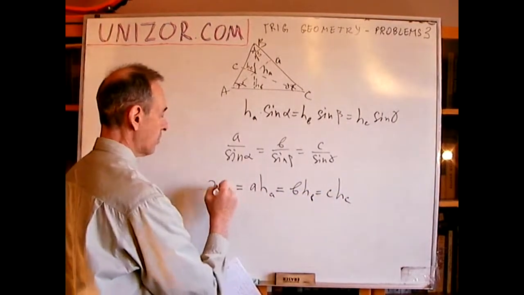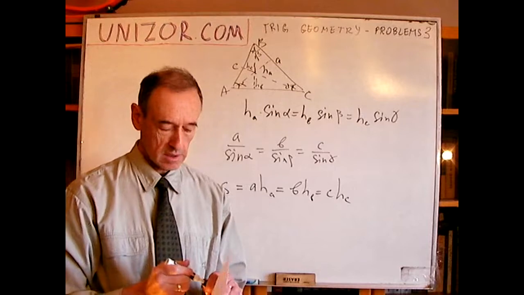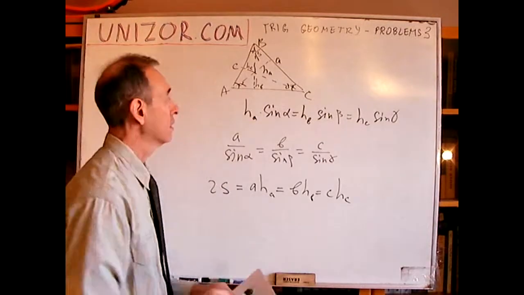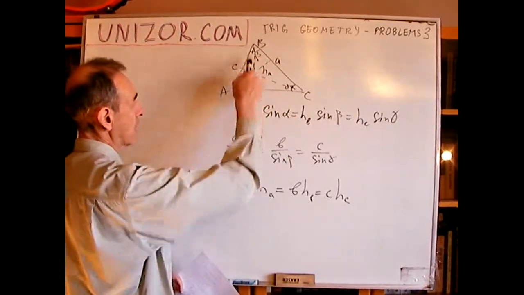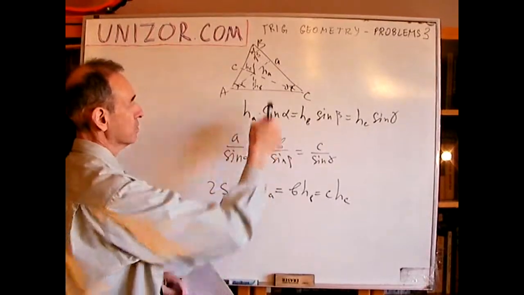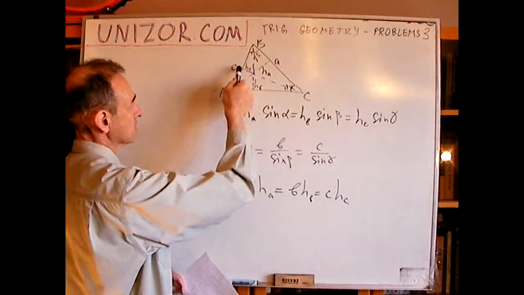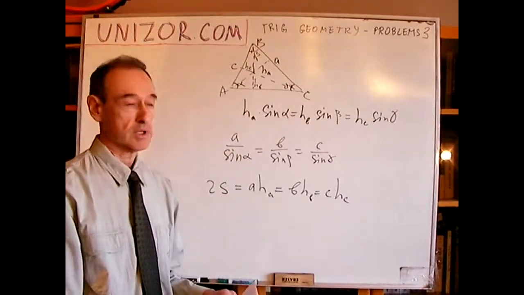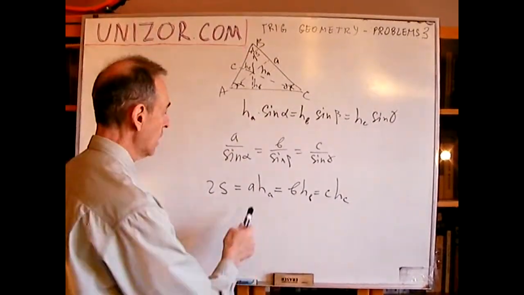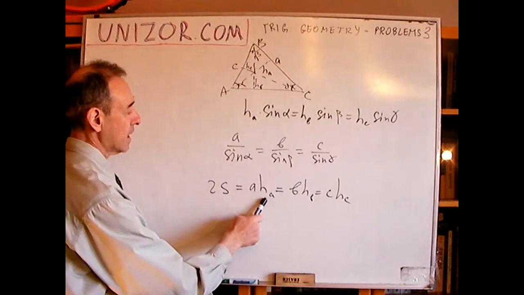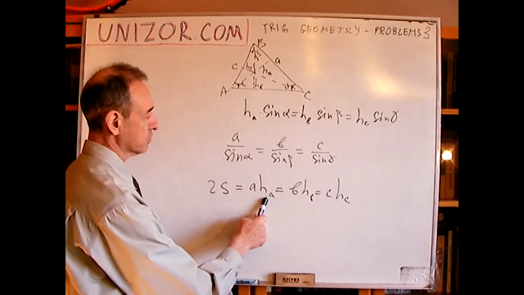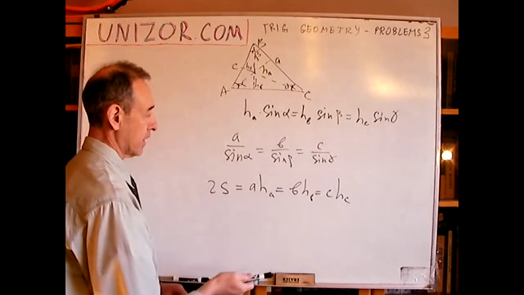This is double the area of the triangle, right? The base times altitude divided by 2, or this base times altitude divided by 2, or this base times altitude divided by 2. So all these are areas. So side times the altitude towards this side is double area.